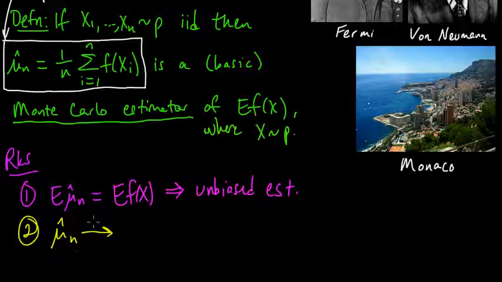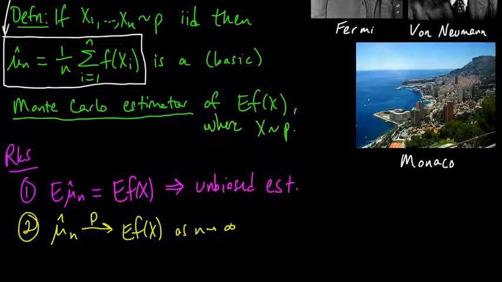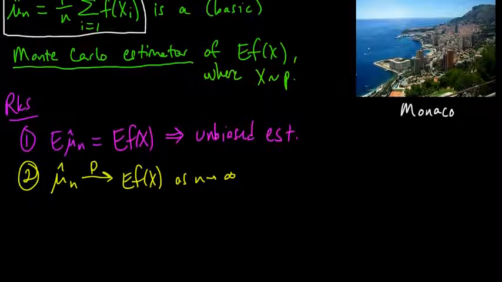Mu hat n converges in probability to the true mean, the expected value of f of x, as n goes to infinity. Let me say what I mean by convergence in probability.